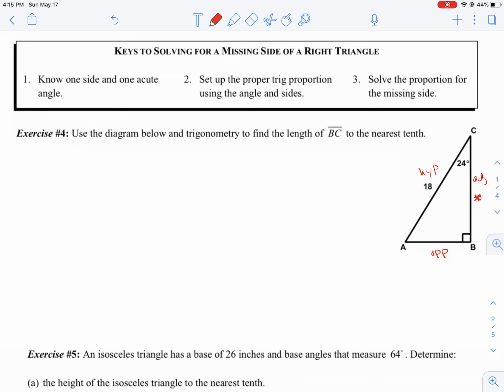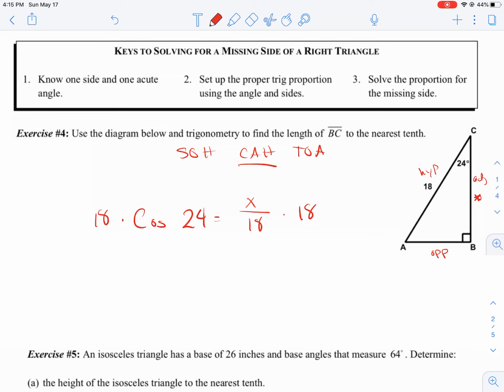Okay, so let's rock and roll. SOHCAHTOA. Which side involves our adjacent and our hypotenuse? Well, that's cosine again. So the cosine of 24 is equal to x over 18.